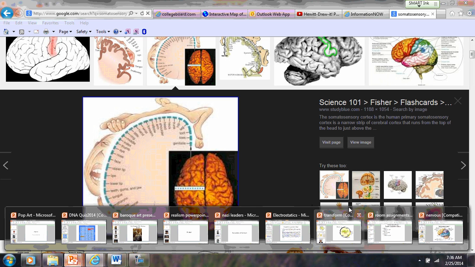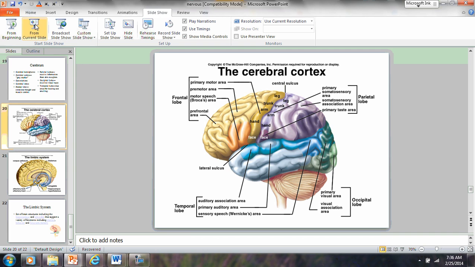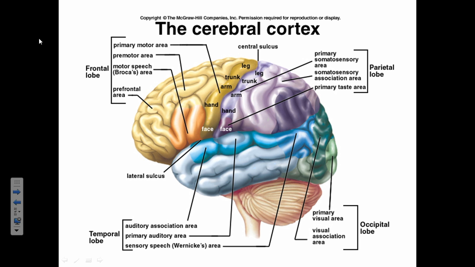Notice there is a very similar part of your brain devoted to motion, but that's in the front lobe. This is the frontal lobe. And in the very back part of the frontal lobe, there's what's called the primary motor areas. So this part of your brain right in here is what makes your leg consciously move. This makes your trunk consciously move.